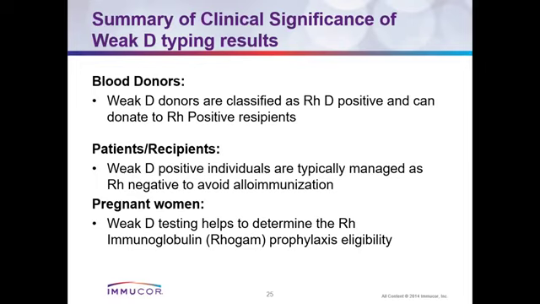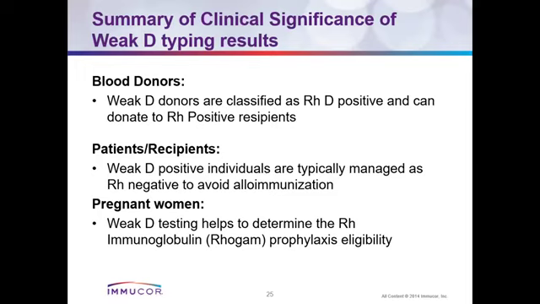Okay. So what is the summary of the clinical significance? Why are we going through the trouble to make sure we do this weak D test, by the way? For the case of donors, especially us who handle donors, weak D donors are classified as rhesus D positive and can donate comfortably to rhesus D positive recipients.